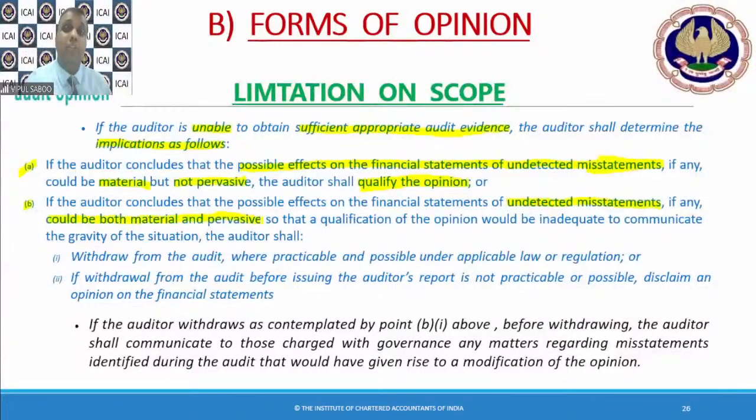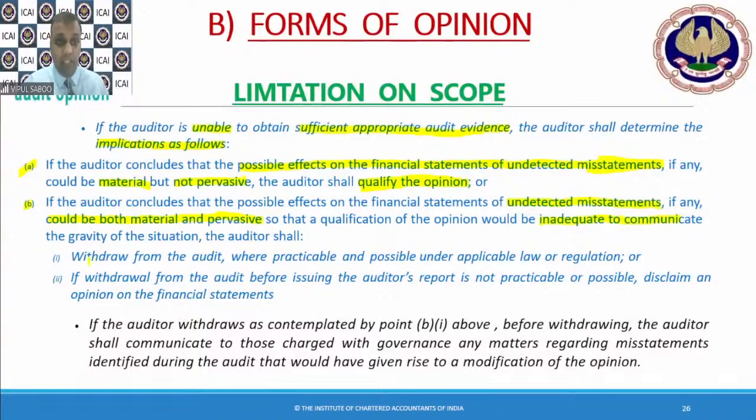In the absence of sufficient appropriate audit evidence, if he feels that the effect could be both material and pervasive, so a qualification of the opinion would be inadequate to communicate the gravity of the situation.